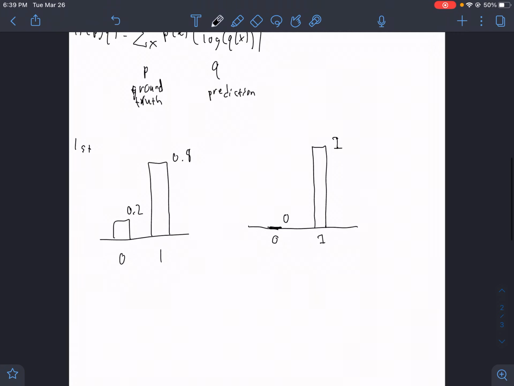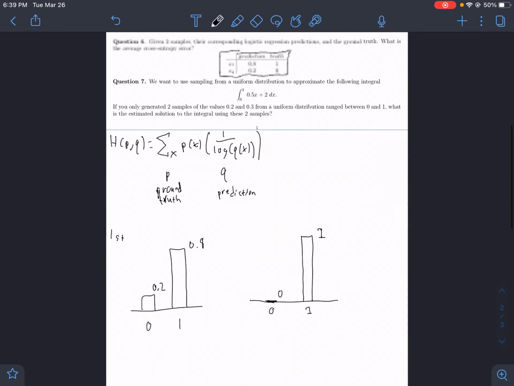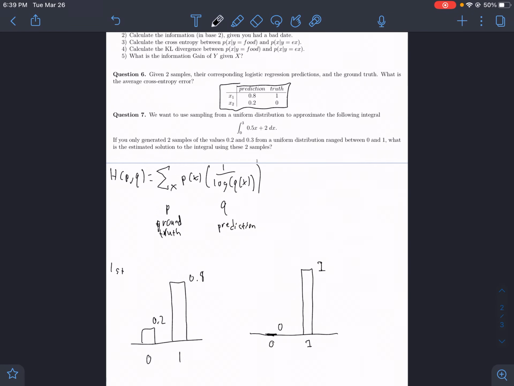Let me explain what this data means. For the x1 variable, maybe a better label for this would be x1. I'm going to make this set of graphs for x2 as well. But for x1, we predict that the label is 1 with a 0.8 probability.